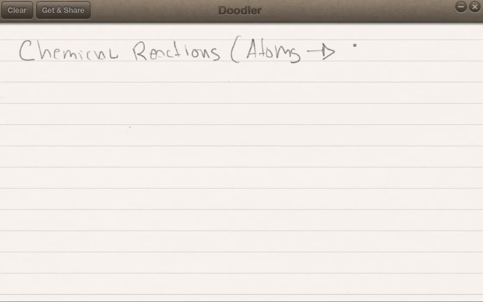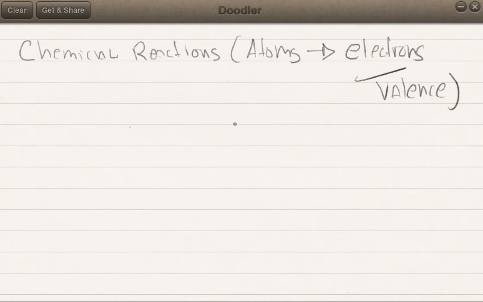And really the fundamental thing that is going on, just like we talked about in the last 2 videos, is it involves the electrons, and particularly the valence electrons. It either involves the gain or loss of electrons, or the sharing of electrons, or in some cases we have what are called intermolecular forces, which play a significant role, particularly in biochemistry and organic chemistry. But we'll get to that.